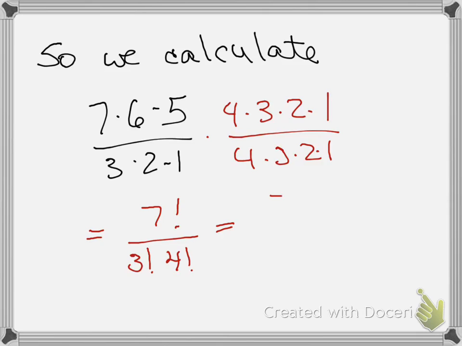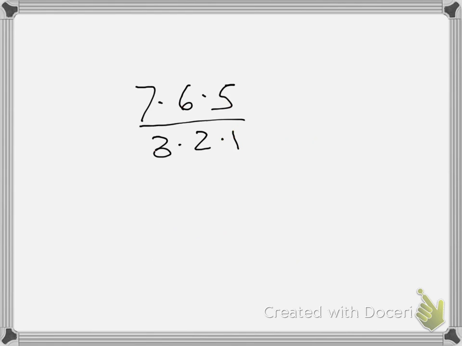And that gives us the formula for 7 choose 3. Or if we're just looking for a number, we observe that the denominator here is a 6, and there's a 6 in the numerator. So this just looks like 7 times 5, which is 35.